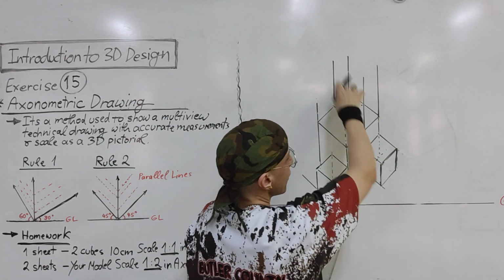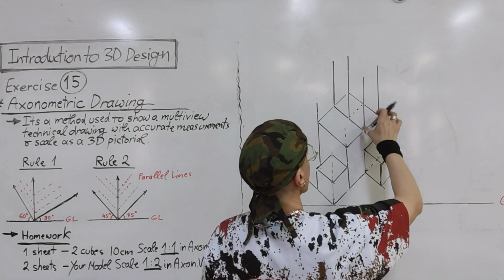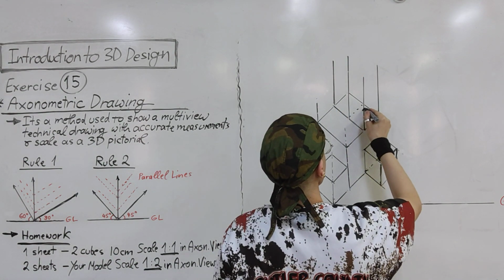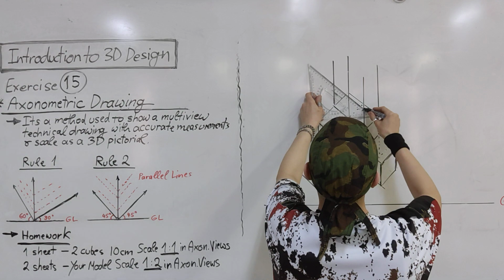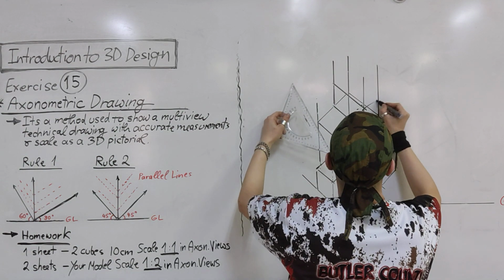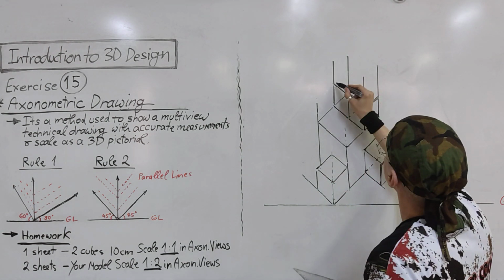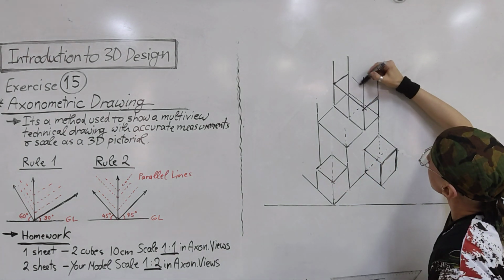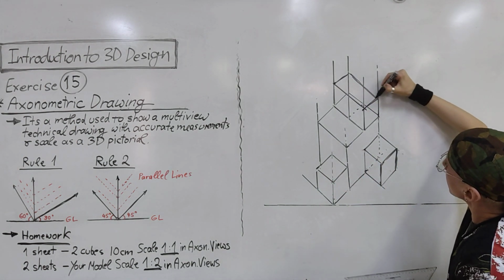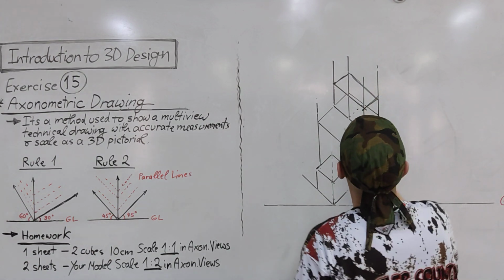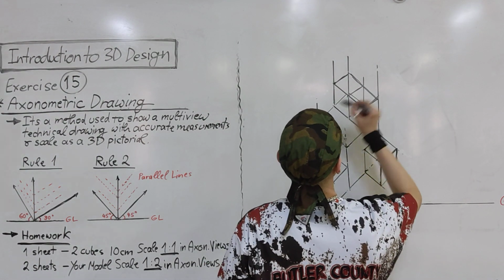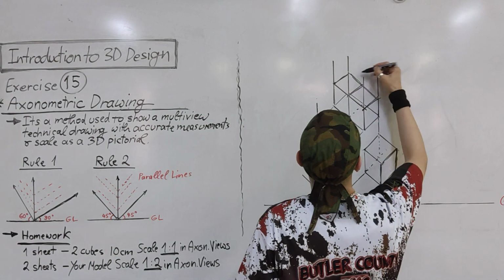So, two 5 centimeter cubes. From here and here, 5 centimeter. Parallel lines to each other, parallel. And this line goes up, goes here.